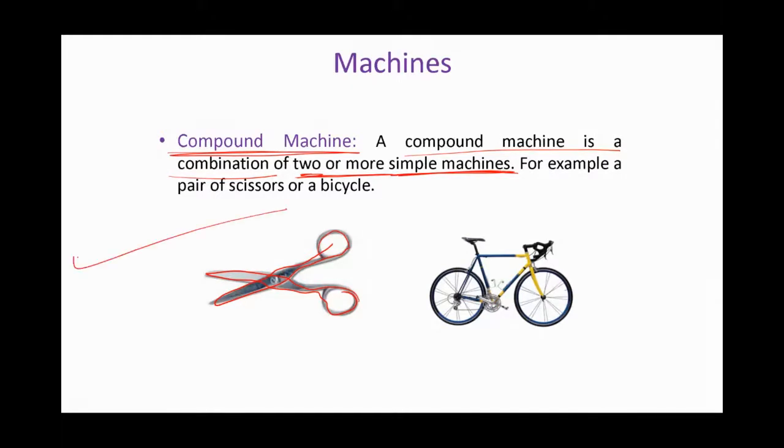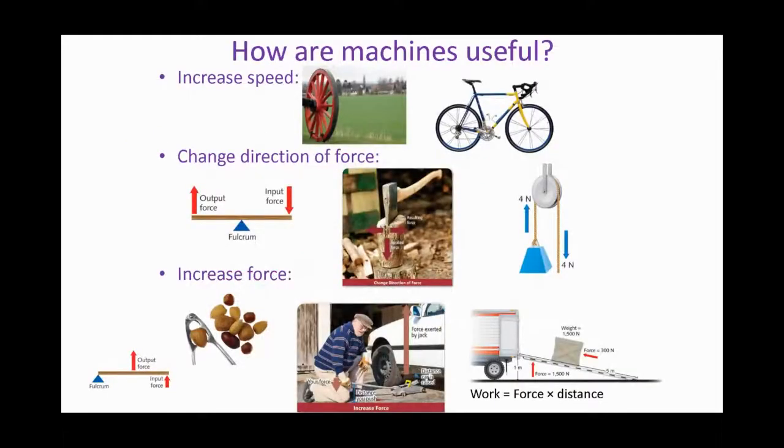I have two levers, and between them there is a pin. So I consider it a compound machine. Of course, it's a simple compound. It's not very complex, but still it's compound. The bicycle is compound because it has wheels, gears, a chain belt, many parts. Okay, so it's a compound machine. Car, very complex.